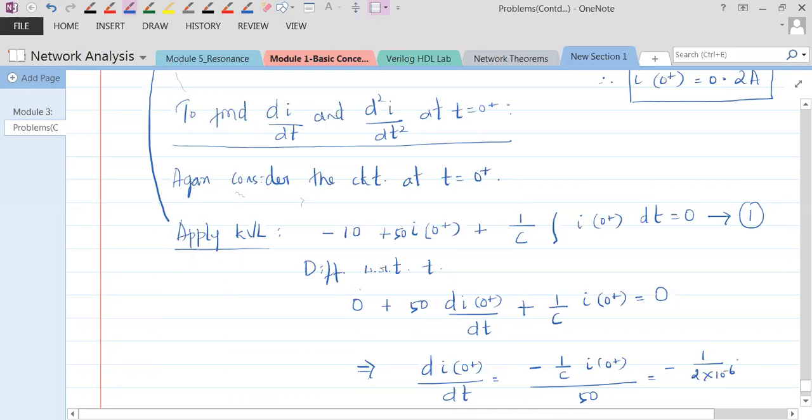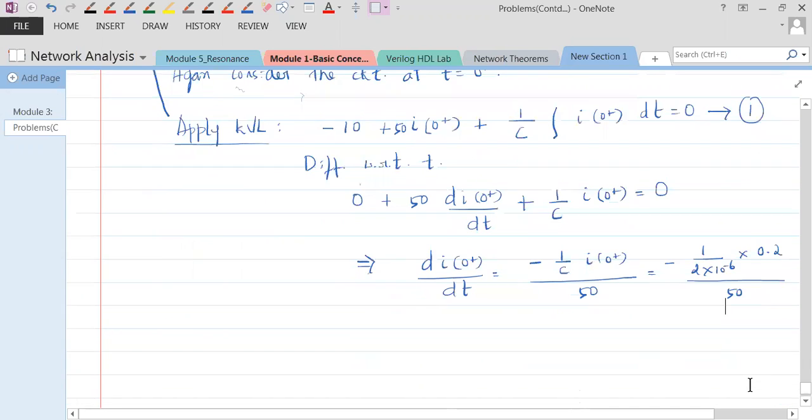Then what is I of 0 plus? I of 0 plus we have found out to be 0.2, divided by 50. So this is going to be the first order differential of the current I of 0 plus. So this would be minus 2 into 10 power 3 ampere per second.